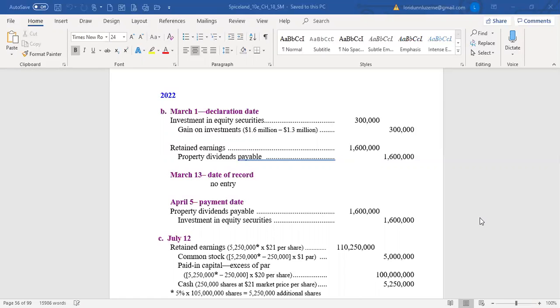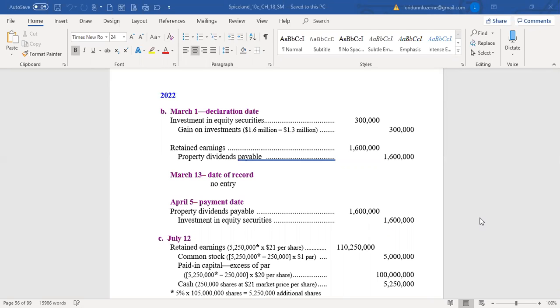I'll take the 5 million times 21. Total value is $105 million. Well, if we put 5 million of it in the common stock representing par value, then the excess is put in paid-in capital in excess of par, the 100 million.